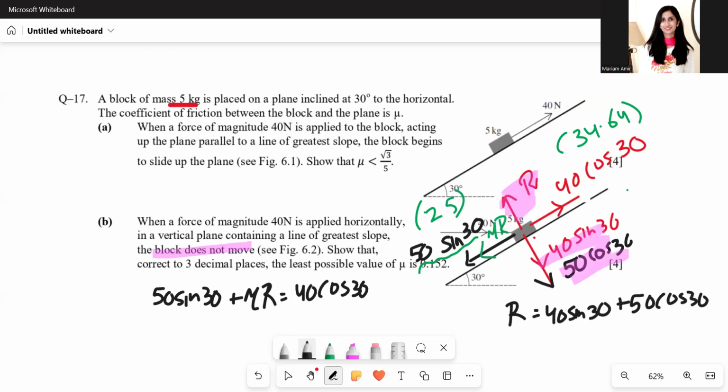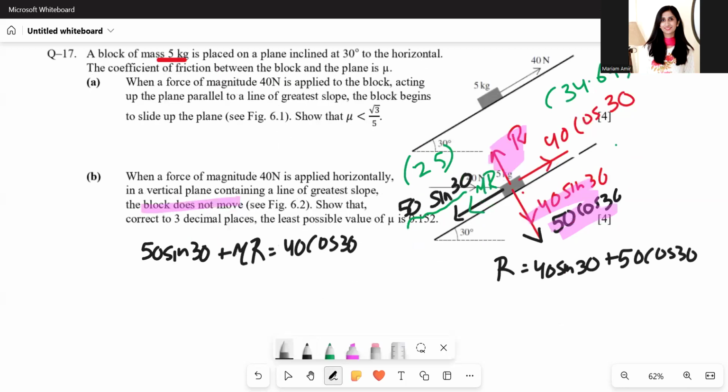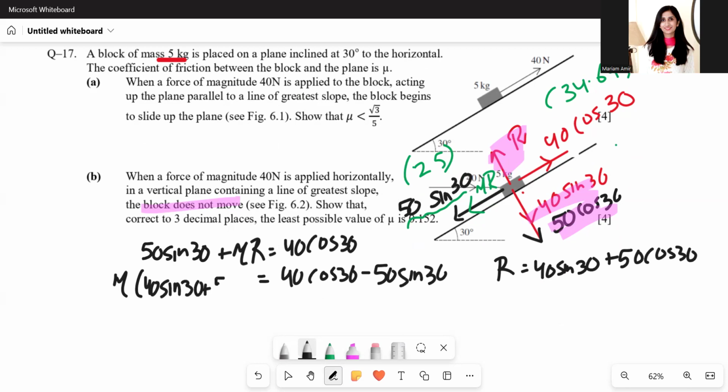Let me use this value here. In fact, let me just move 50 sine 30 to the other side. So 40 cos 30 minus 50 sine 30 is equal to mu times R, which is the sum of 40 sine 30 and 50 cos 30.